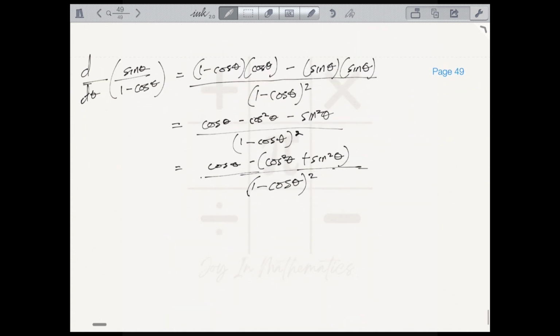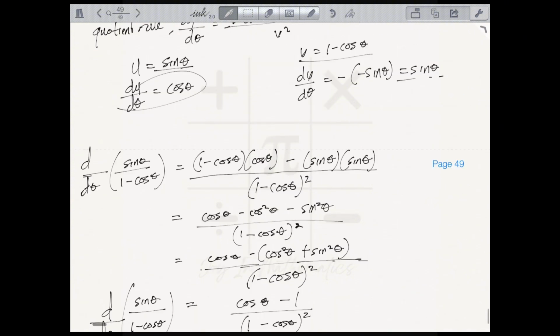From trig identities, we understand that cos squared theta plus sine squared theta is equal to 1. So we have (cos theta minus 1) divided by (1 minus cos theta) squared. This is an expression of d/d theta of sine theta over 1 minus cos theta.